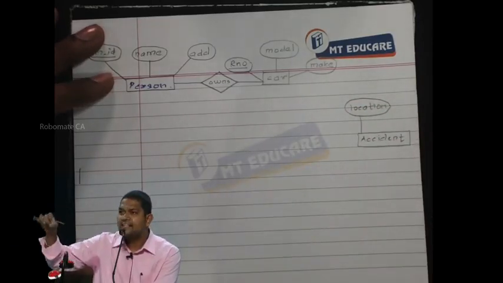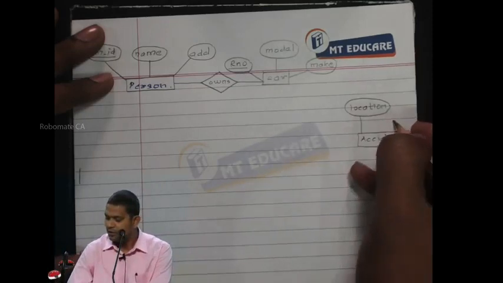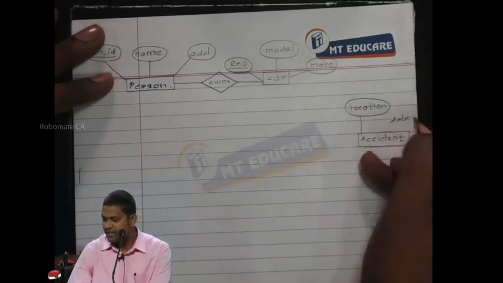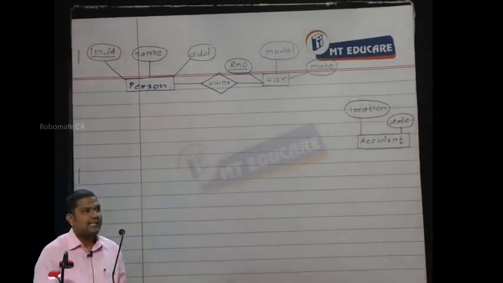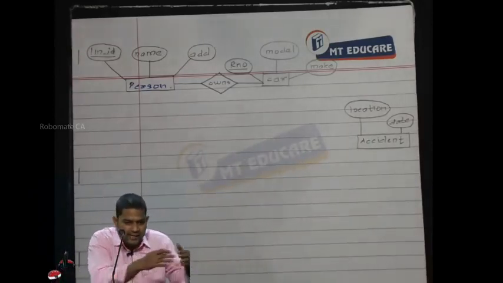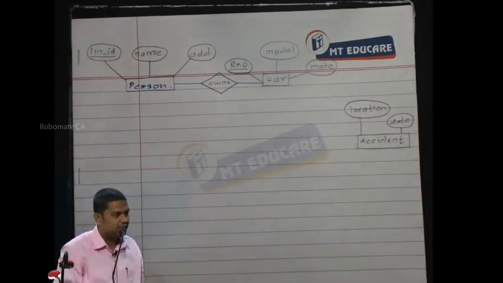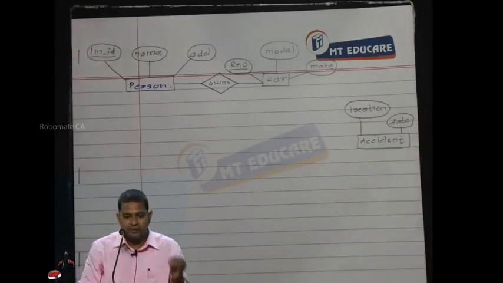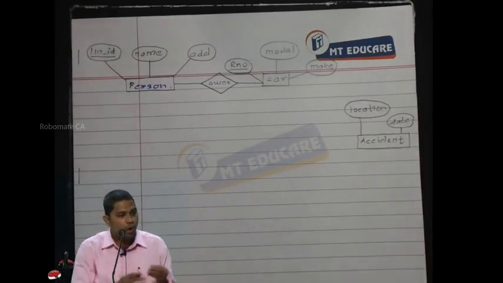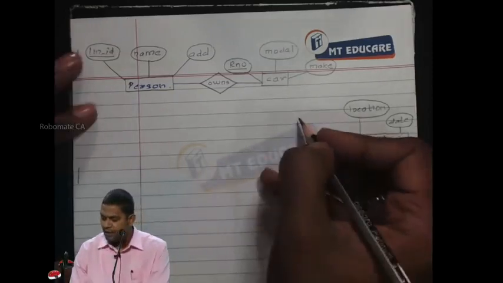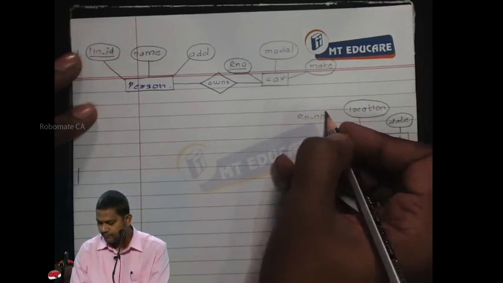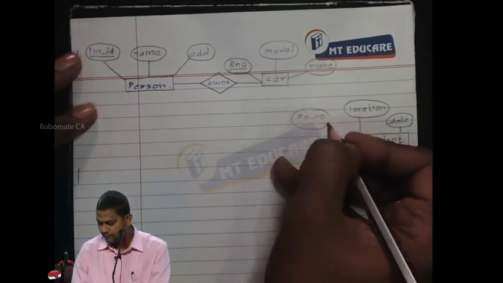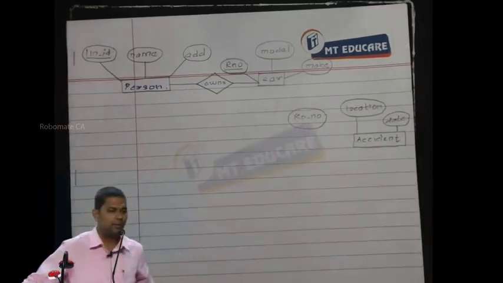When that accident occurred, that's called the date and time. But let's just say date. Whenever an accident takes place, a police complaint is done, and that complaint is registered in that particular premises police station. So that complaint must be having an ID, or a report. So we can say report number.